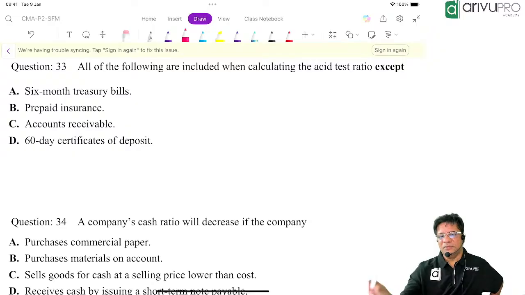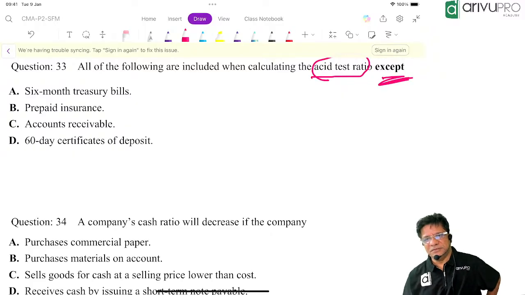All of the following are included when calculating the acid test ratio, except: three are right answer responses, one is not. Which is that?